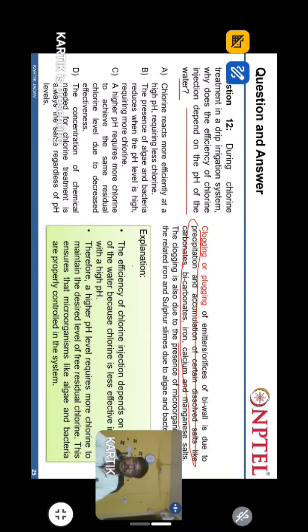Depending on the source water quality. The clogging is also due to the presence of microorganisms, that is the biological component, and related to the iron and sulfur slimes due to algae and bacteria.